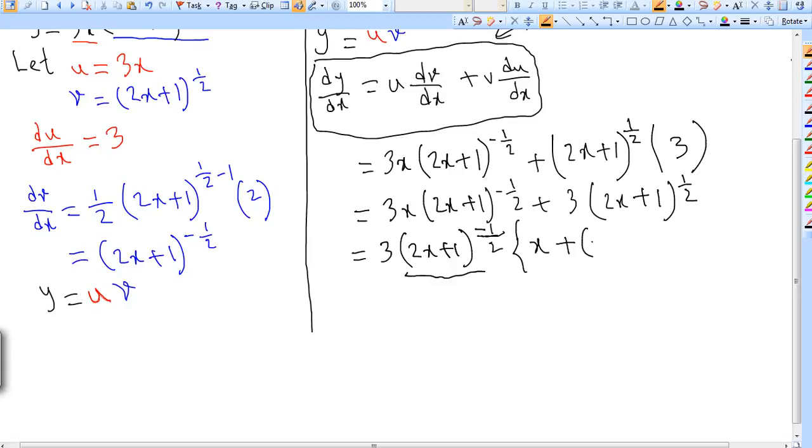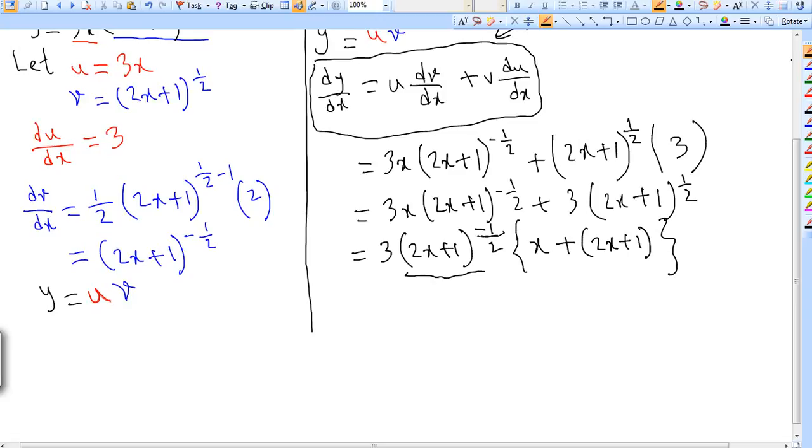This will become (2x plus 1) to the power 1. How does it become (2x plus 1) to the power 1? Let me explain.